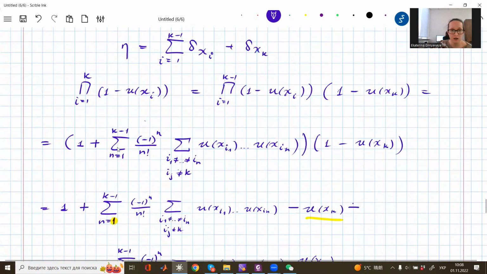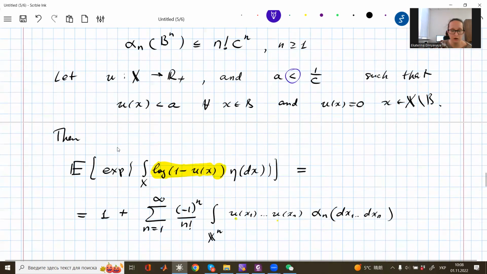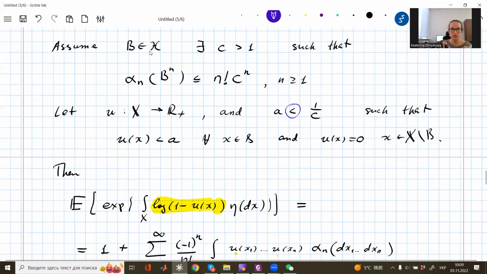And next time, we will do the last small step to understand that this is enough to prove that this condition is almost enough for uniqueness of the point process.